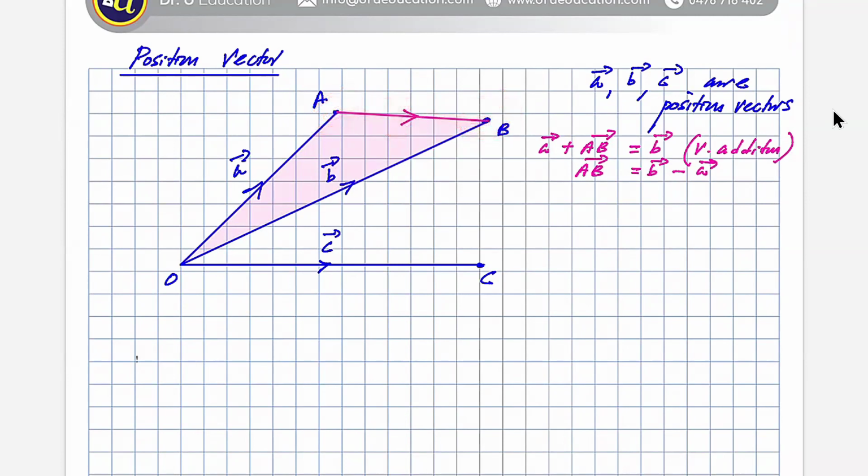So if you are looking for a derived vector and you are writing that derived vector from position vectors, now you can see your first letter is going to be the last letter of this, your second letter is going to be the first letter of this. There is a small catch. Knowing that, suppose you need to find AC. You are not going to think about the vector addition or anything. It works there, but quickly you can say this is C minus A.